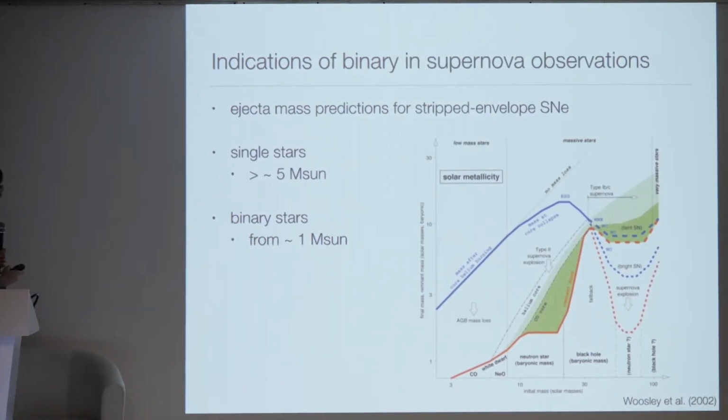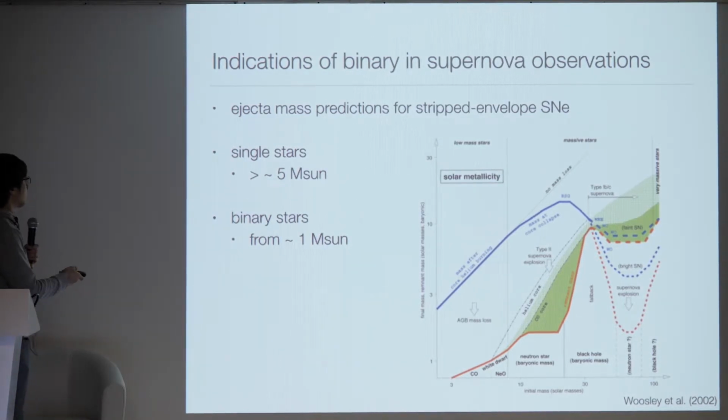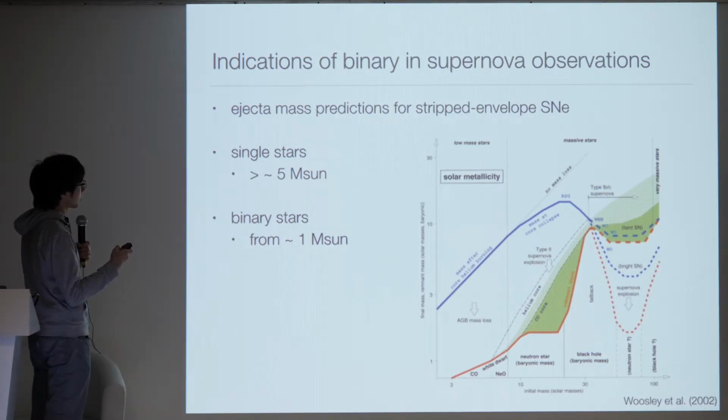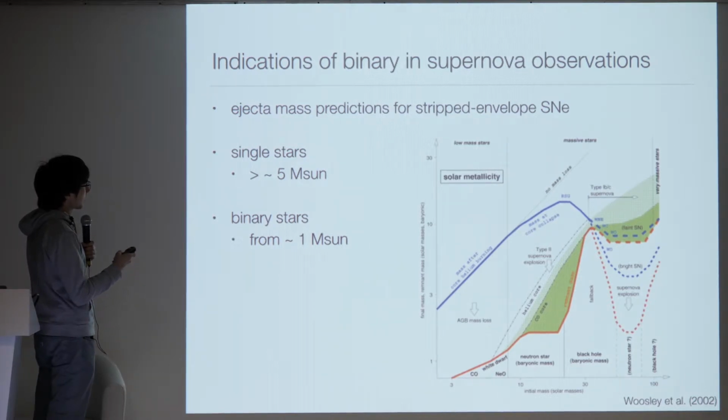And so what we can do instead is to get some idea of, let's say, the ejecta mass from the stripped envelope supernovae, and this is again the prediction from single star evolution. The hydrogen-poor supernovae should come from these massive stars, and these are the final masses single stellar evolution predicts.